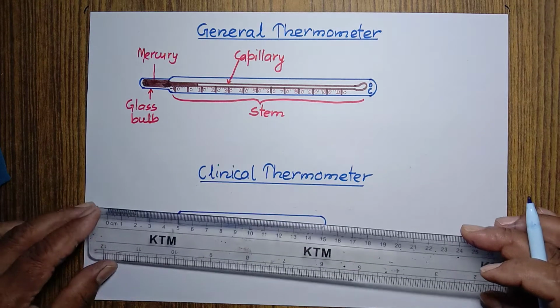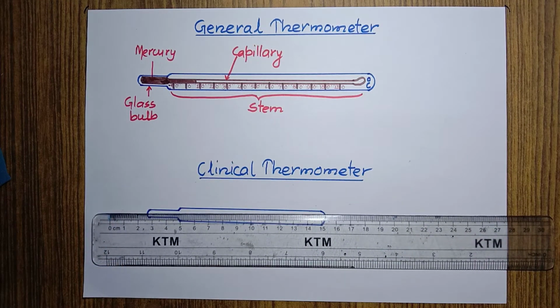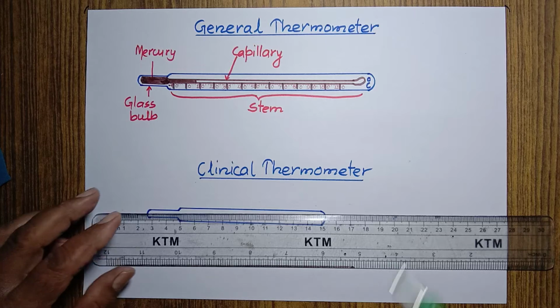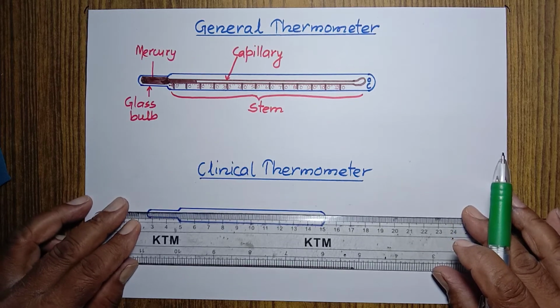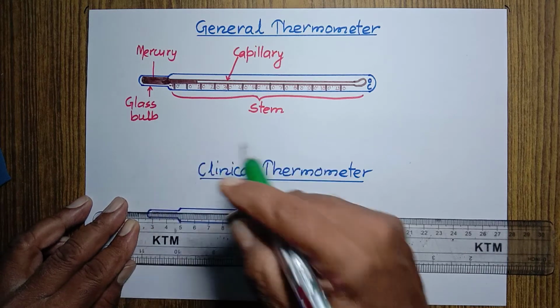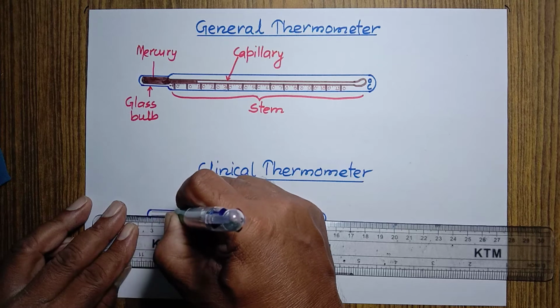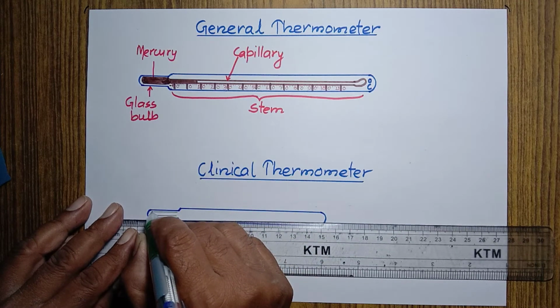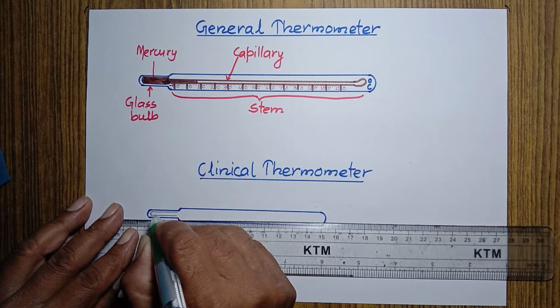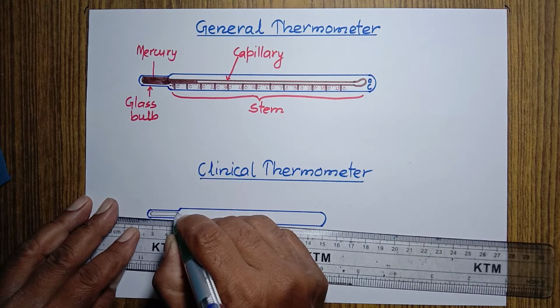Now we have to go through the glass bulb. Let's draw this glass ball. This is a thin-walled ball made of glass. Inside it there is mercury.